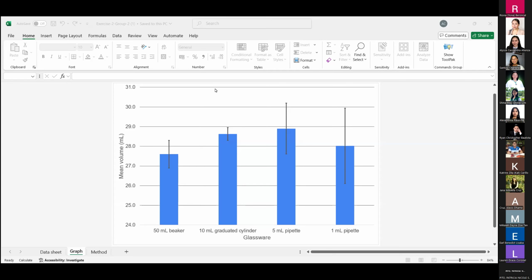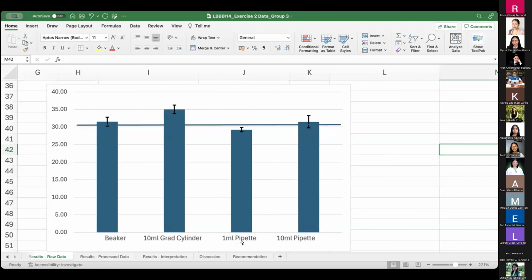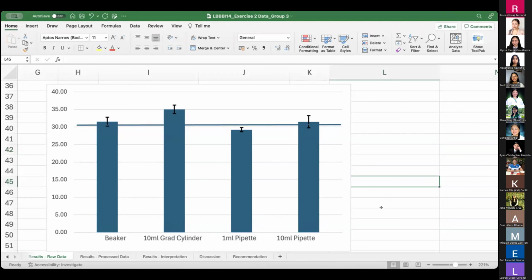And then group 3. Okay. Sige. So group 3, this is based on mean. Yes po, miss. Okay, and the error bars are represented by? Sorry, what metric is being represented here by the error bars?